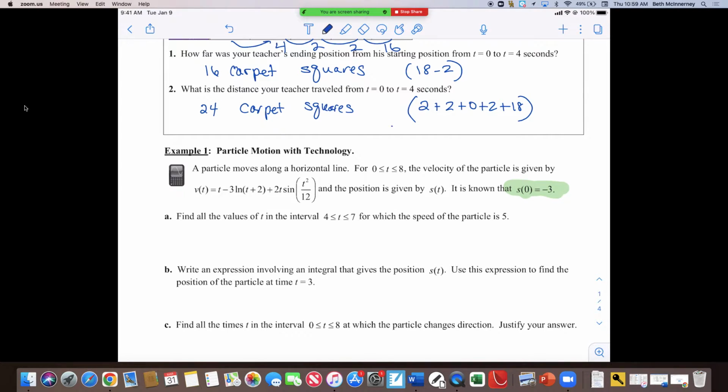Part A says find all the values of t in the interval from t is 4 to 7, for which the speed of the particle is 5. Well, do you remember that speed is the absolute value of the velocity?